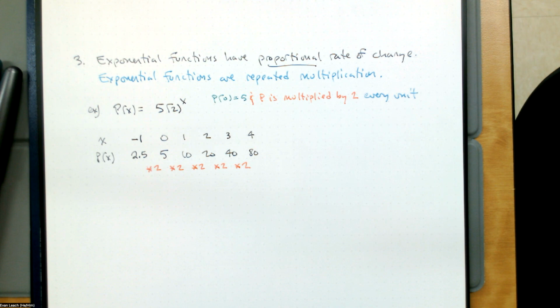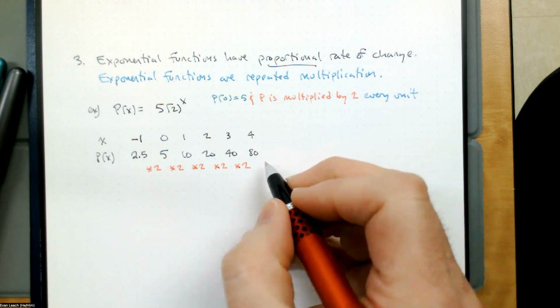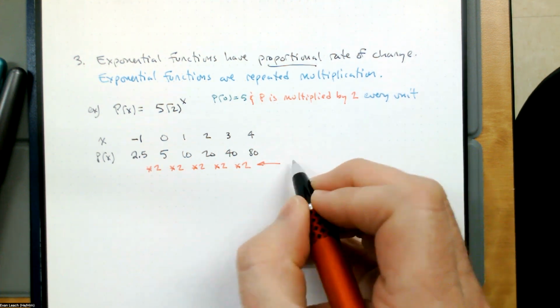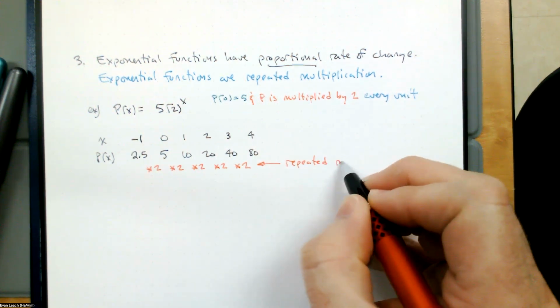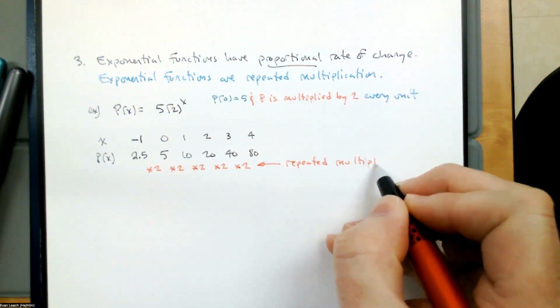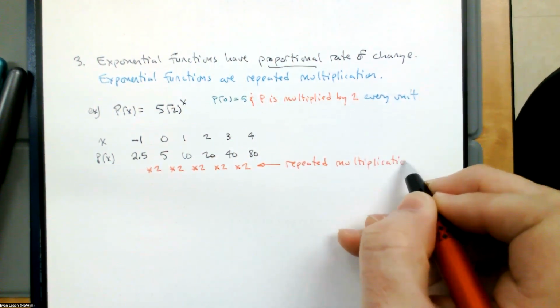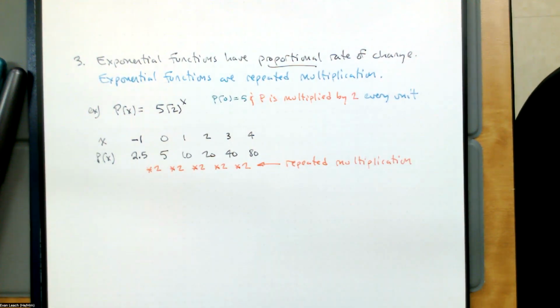When the function doubles, the rate of change doubles. So here we are with the multiplication. There's a pattern of repeated multiplication. That's what we know about exponential functions.